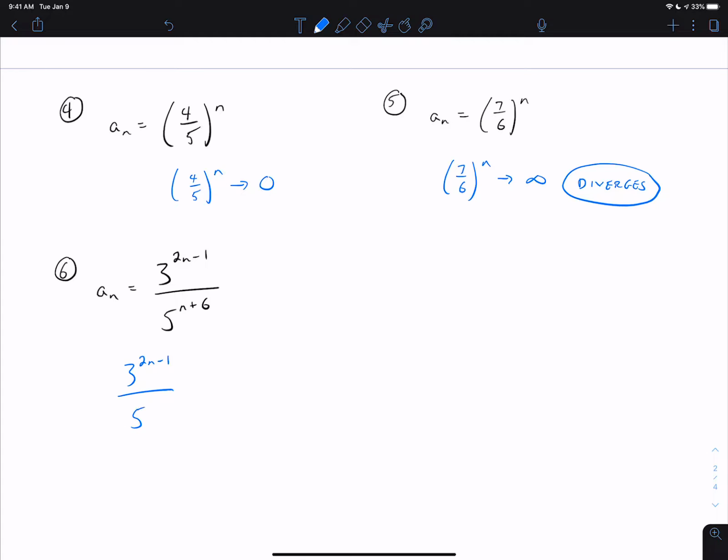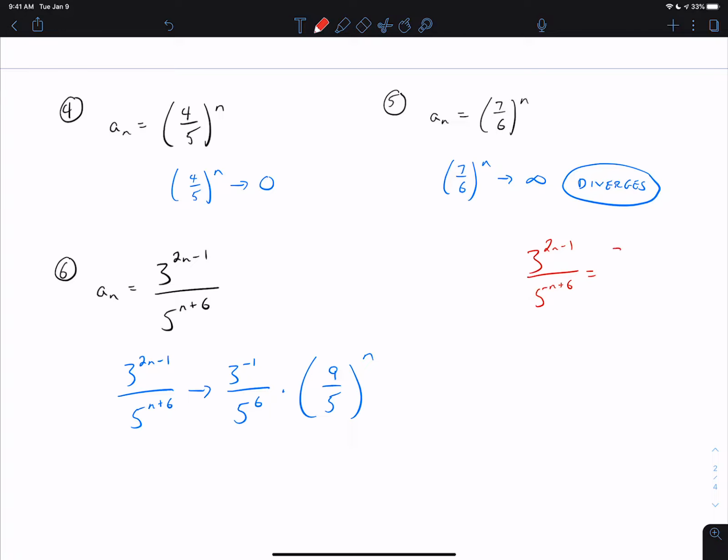I'm going to write this as 3^(-1) over 5^6 times (9/5)^n. I want to show the algebra on the side, but what we're doing is using properties of exponents in a little bit weird way compared to maybe the way you used them in algebra.